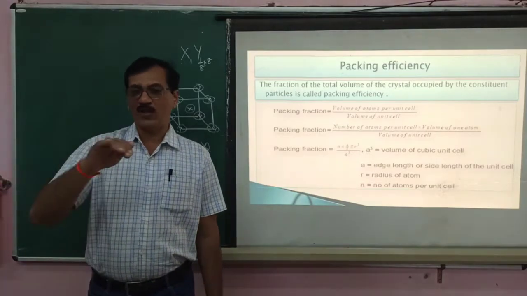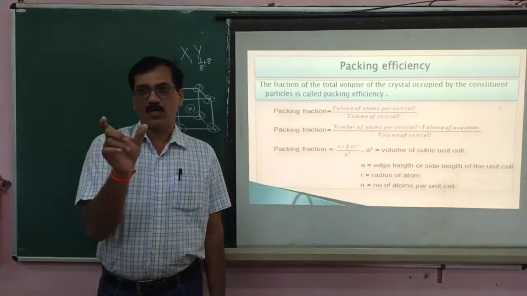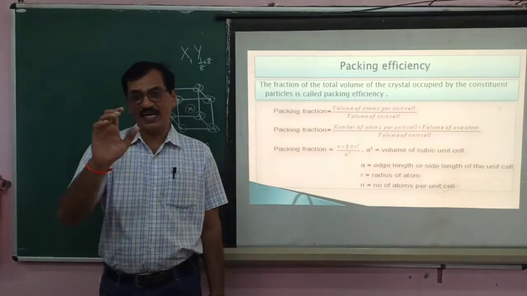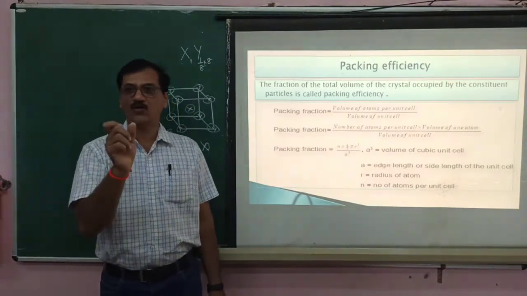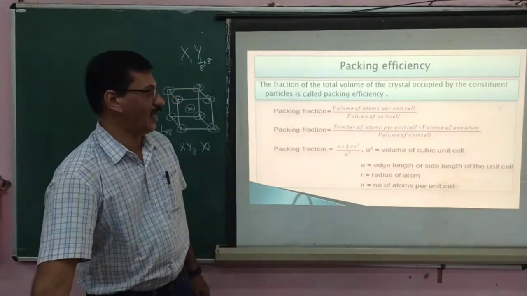So volume of all the atoms can be given by number of atoms per unit cell times volume of one atom.